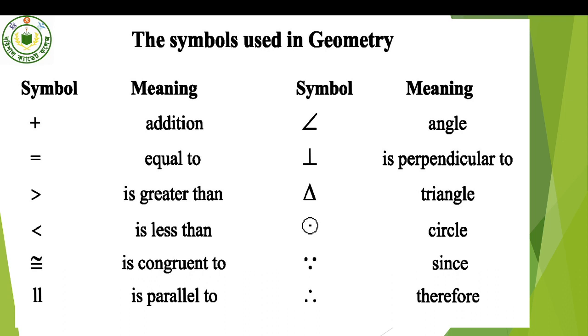Next is congruent to, and after that is parallel to. On the right side, first symbol is angle, second is perpendicular to, third is triangle, fourth is circle, and so on.